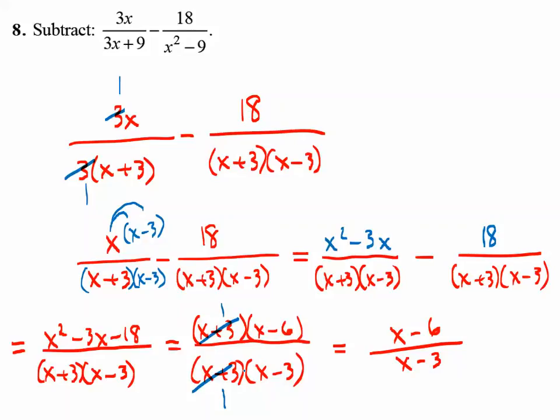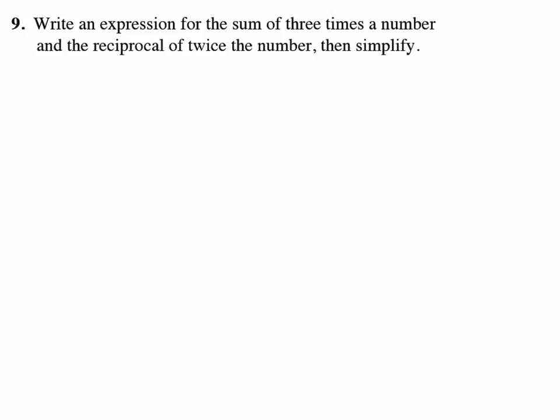Okay, good there? And of course the word problem here. Alright, write an expression for the sum of 3 times a number and the reciprocal of twice the number, and then simplify.